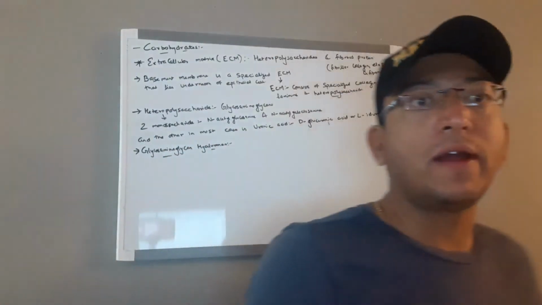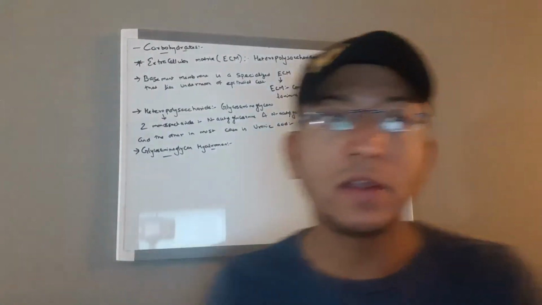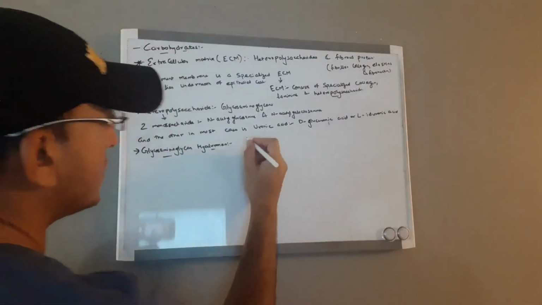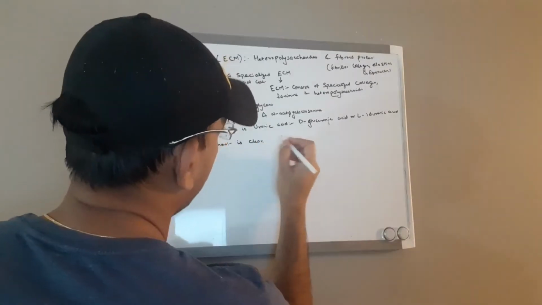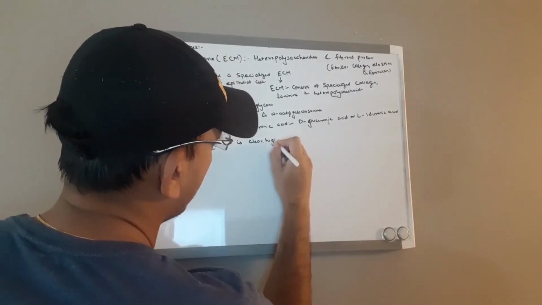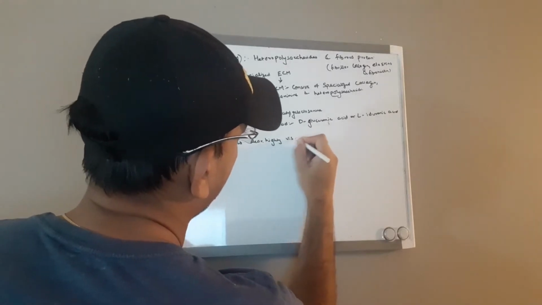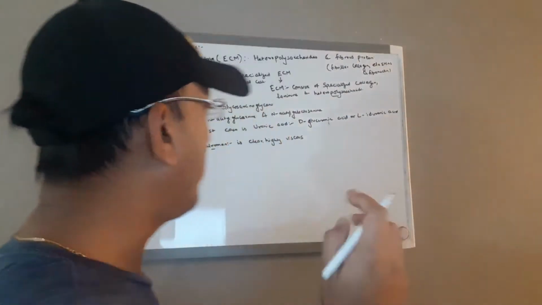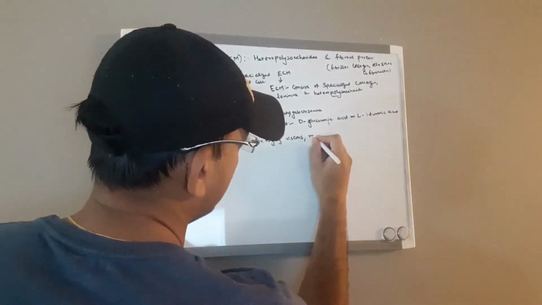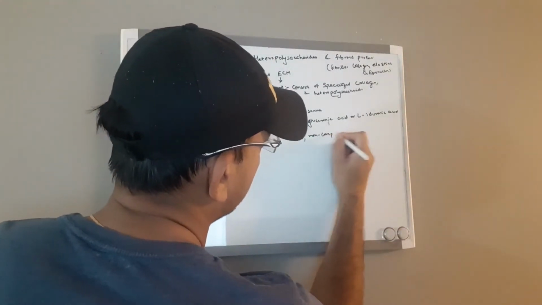So what are the uses? This hyaluronan is clear, highly viscous, and non-compressible, right? So these are the properties.